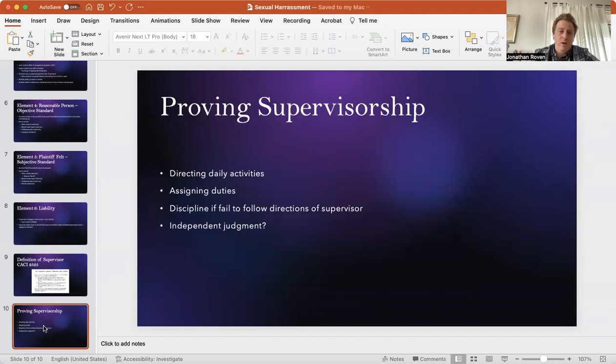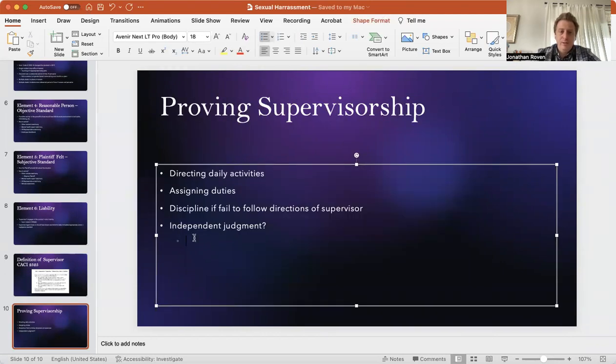But how we prove this, we show a shortness in time in decision making. So when a supervisor sees that there's an issue, they just decide what to do right after it. Shortness in time in discipline.